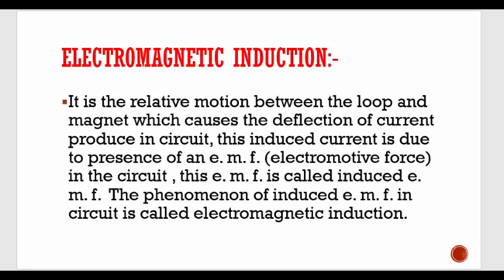So what is electromagnetic induction? It is the relative motion between the loop and magnet, which causes the deflection of the current produced in the circuit. This induced current is due to the presence of an EMF, meaning electromotive force, in the circuit. This EMF is called induced EMF, and the phenomenon of induced EMF in the circuit is called electromagnetic induction.